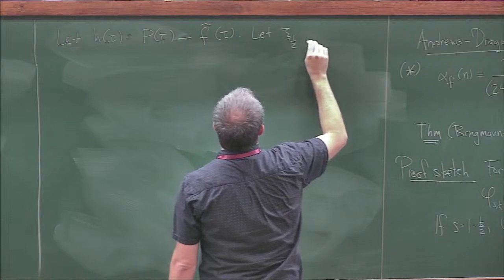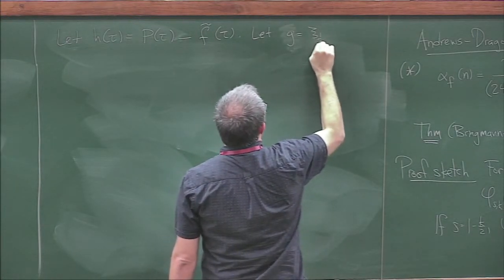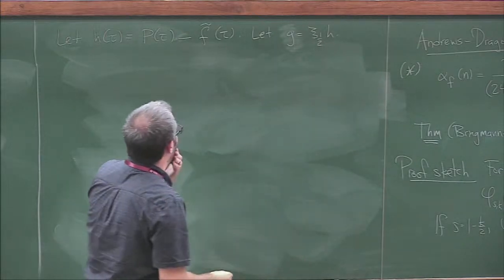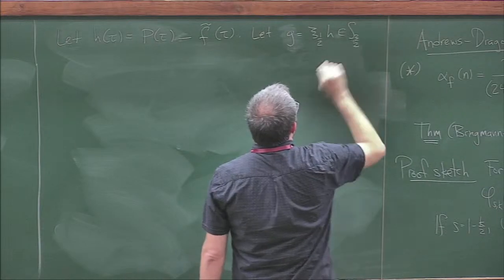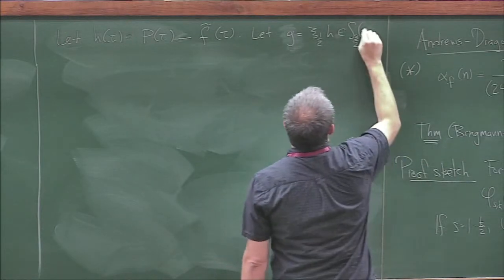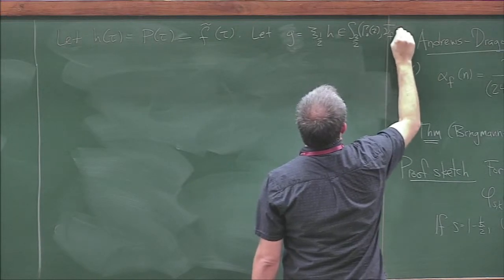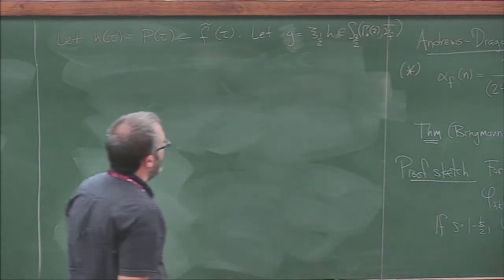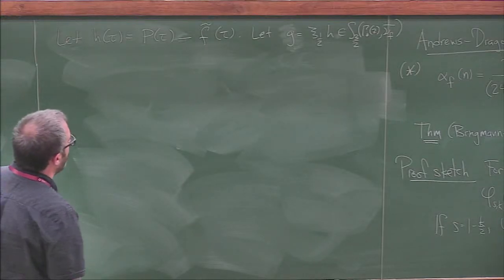So let's let g equal c1/2 of h. So this is now a cusp form of weight 3/2 for gamma 0, 2 with the conjugate multiplier system of f. Okay. Well, I'd like to show that g is 0.